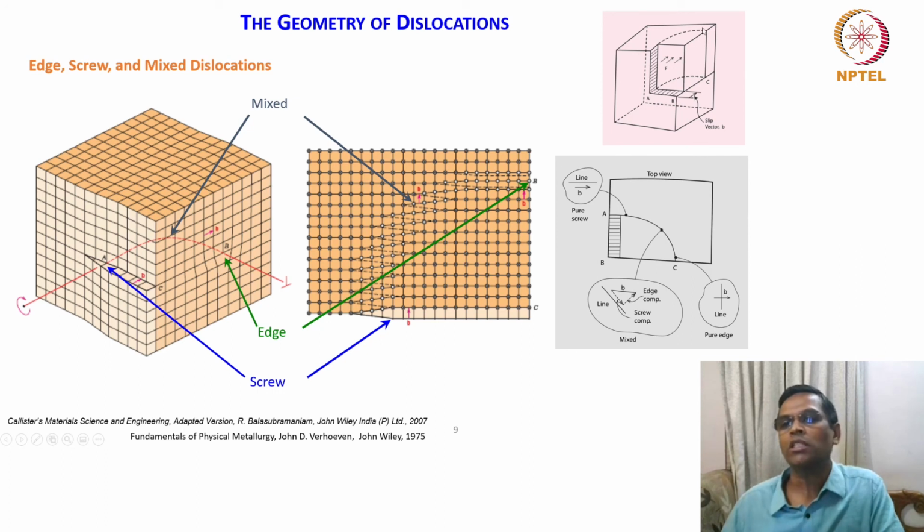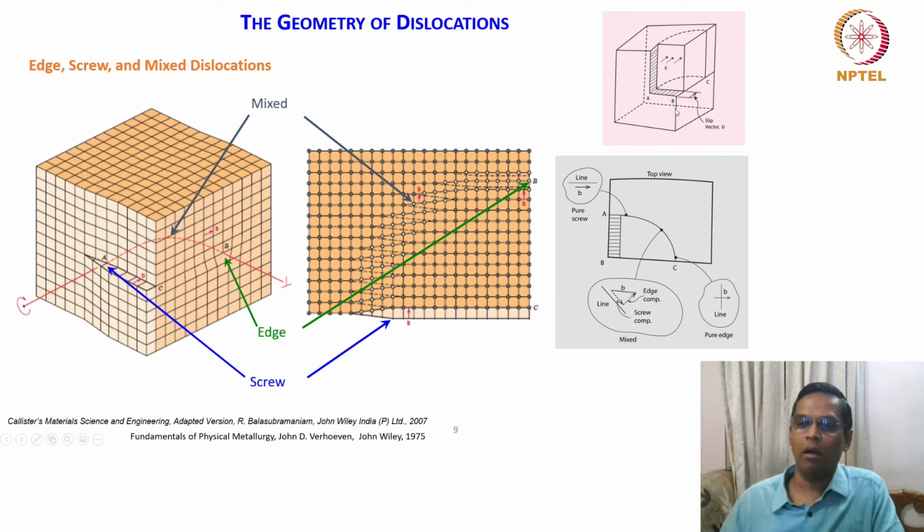What you are seeing here is a crystal which is slipped in this direction, A, B, C, and the force is applied in this direction. So part of the crystal slips here, and then it has both screw as well as edge character.